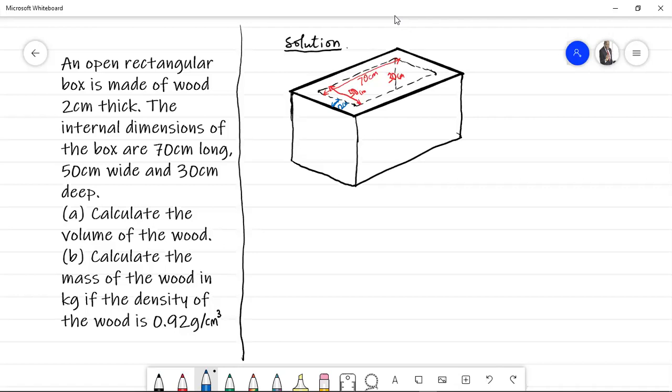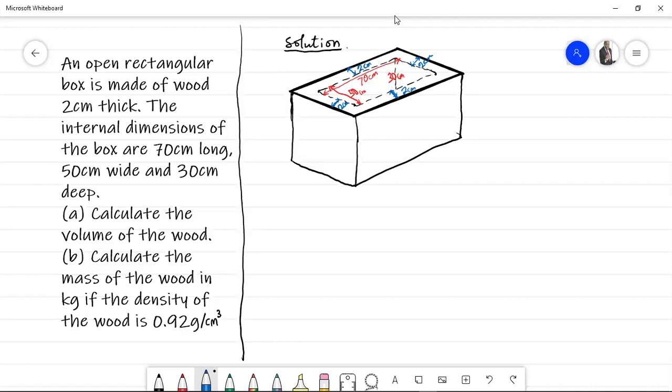On the other end here as well, there's a thickness from there to there, and that thickness is also 2 centimeters. Of course, you will expect that over here, from here to here as well, is also another thickness, which is 2 centimeters. And also on this side as well, that is a thickness, which is also 2 centimeters.